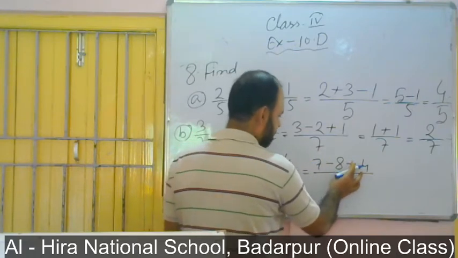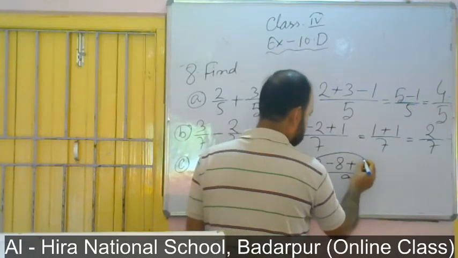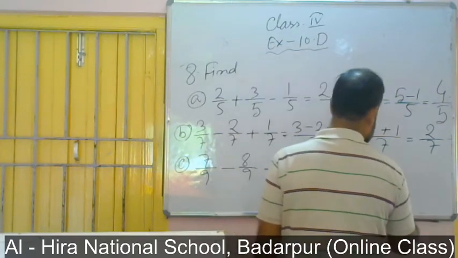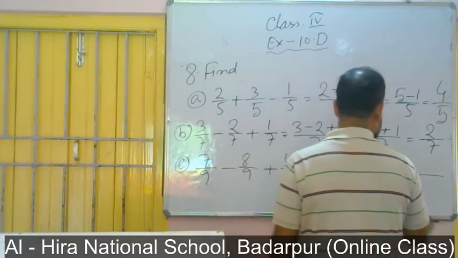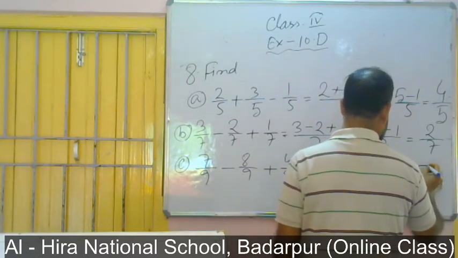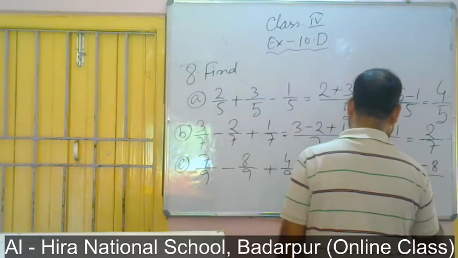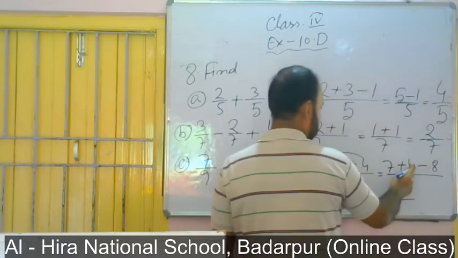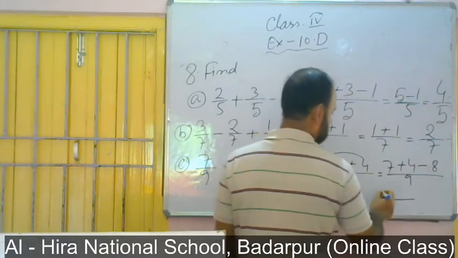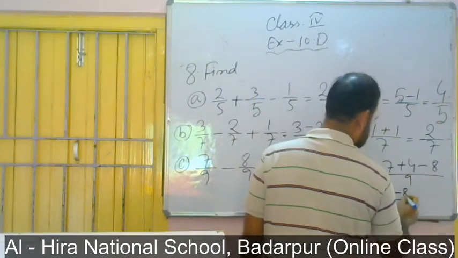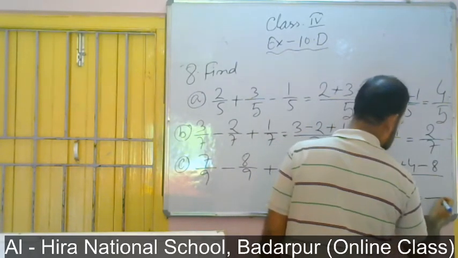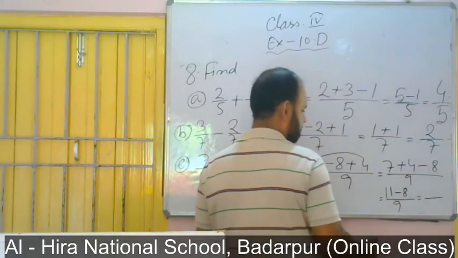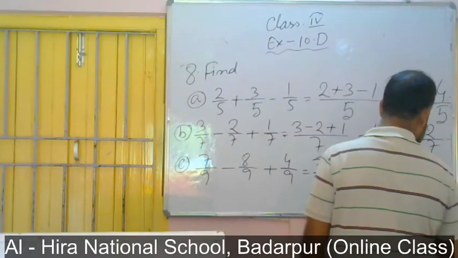So first we do 7 plus 4, or we can arrange it like this: 7 plus 4 minus 8 by 9. 7 plus 4 is 11, 11 minus 8 is 3, so 3 by 9.